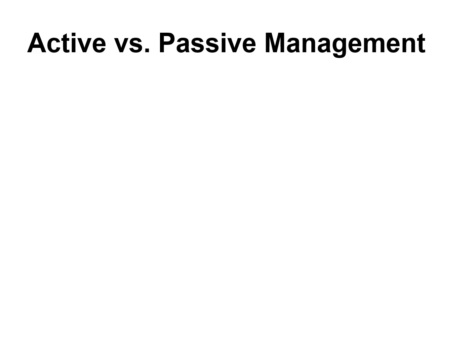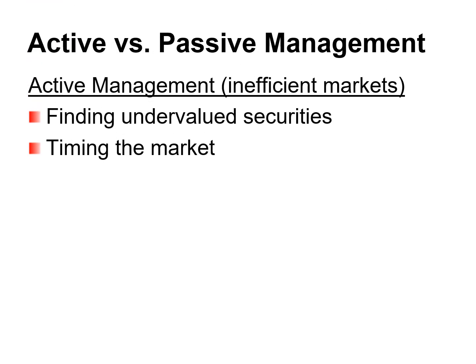In this section, we contrast two fundamental investment strategies, active and passive management. The approach an investor or fund manager takes can significantly influence the outcome of an investment portfolio. Active management operates under the premise that markets are inefficient to some degree.